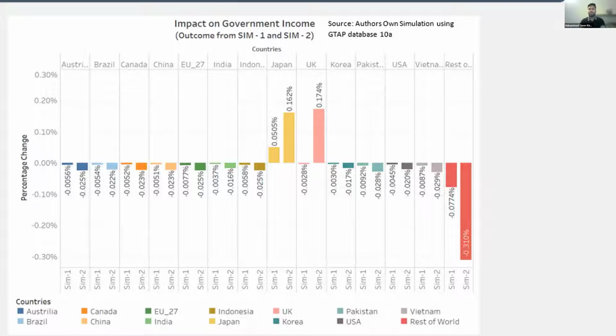Well, this GTAP model comprises more than 100 countries, so we can't depict or represent all of them in this slide. So what I did is I aggregated.